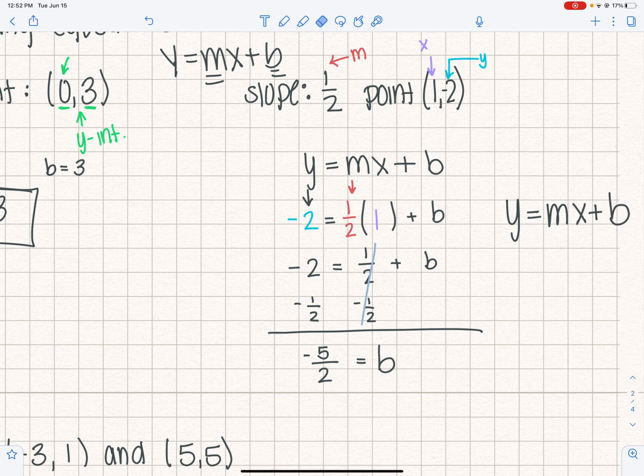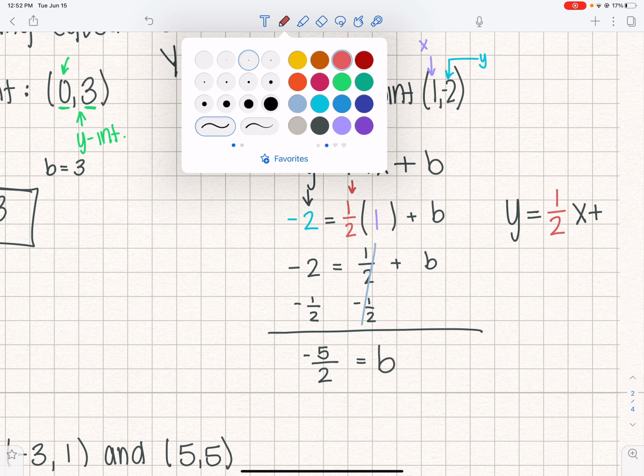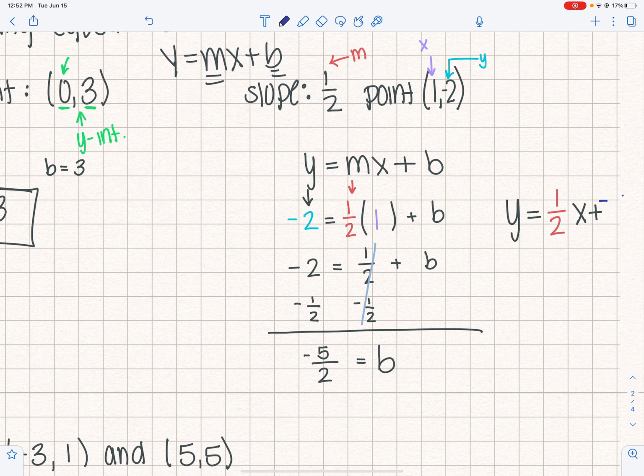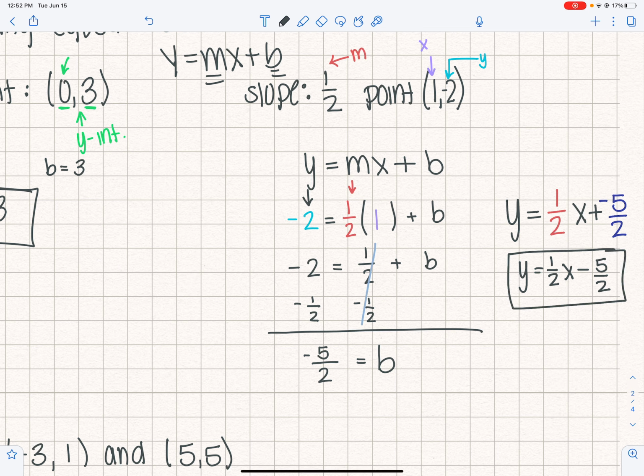But in place of m, I want to write my slope, which was 1/2. And in place of b, I want to write the b I just found, which was negative 5/2. Now I don't want to write that as plus negative, so my final answer will be y equals 1/2 x minus 5/2.